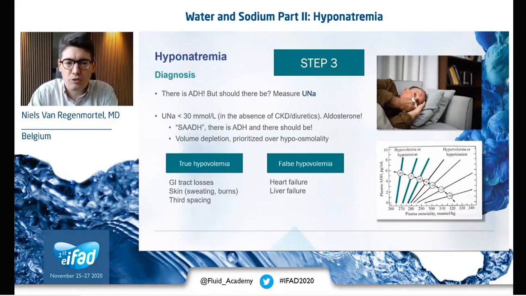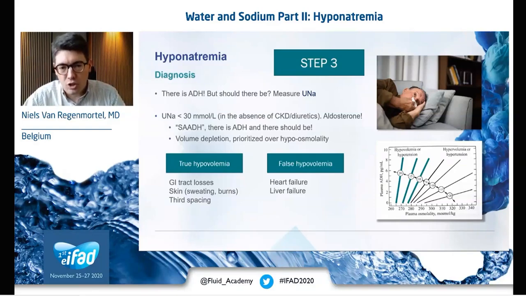There is ADH because there should be. And I refer again to the graph there in the left lower side of the slide. We know that the body will prioritize hypovolemia over hypoosmolality, and even when there is a hypoosmolality, in the case of true hypovolemia, it will try to recover some of the water that will otherwise be lost, and now we will see a correction of this hypovolemia at the cost of a hypoosmolality or a hyponatremia.